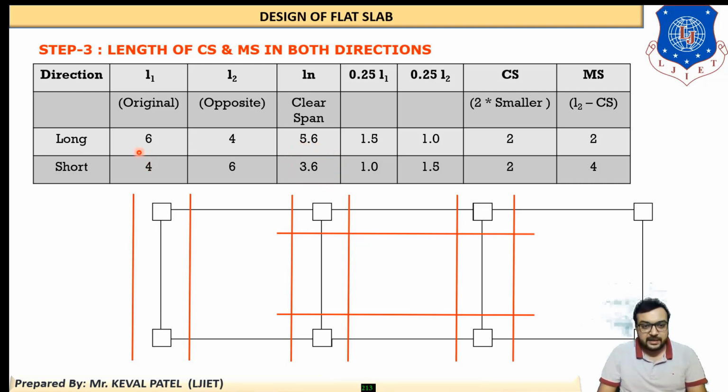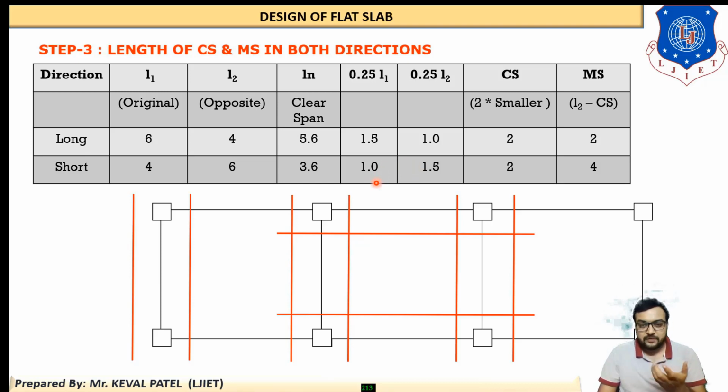After finding out L1 and L2, we will get our answer of 0.25 into L1, which is 1, because 0.25 into 4 is equal to 1. Similarly, 0.25 into 6 is equal to 1.5. So what is the smaller value between 1.5 and 1?